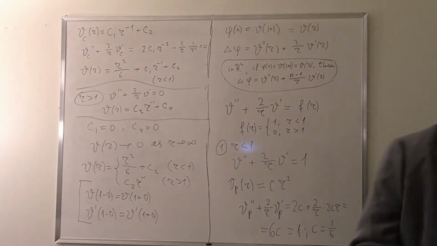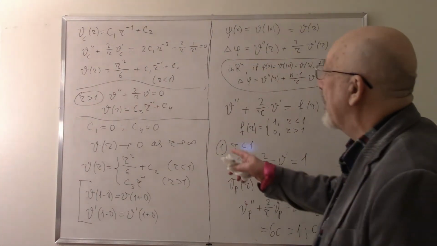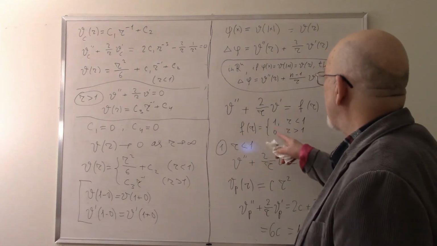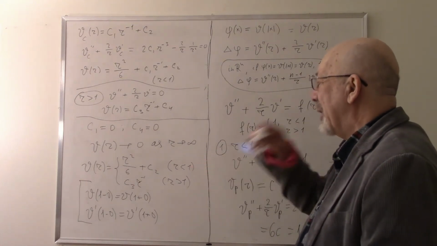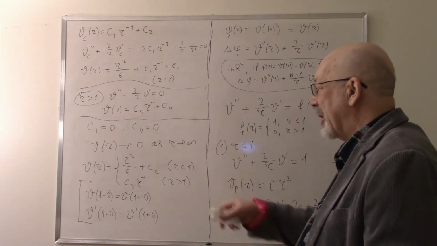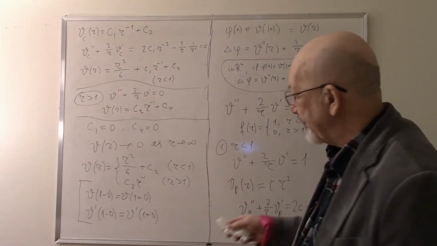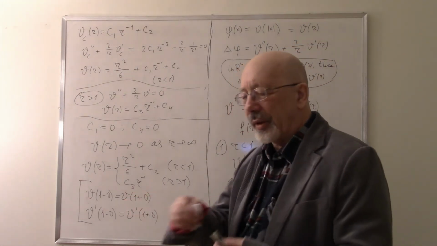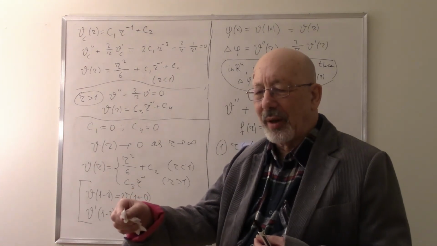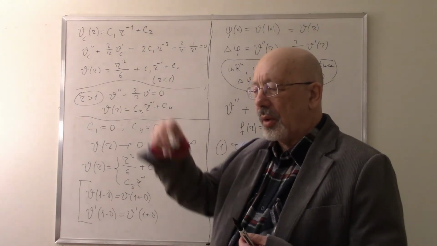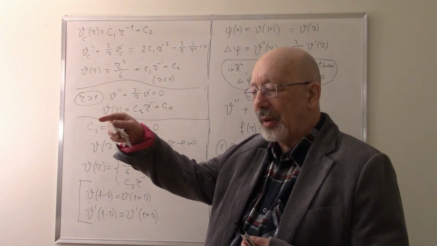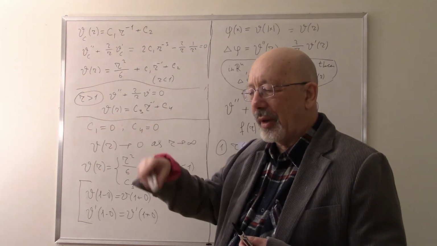So the right hand side, the function f of r, is discontinuous, but the solution is continuous and its derivative is continuous, because the solution of an ordinary equation of second order is two units more regular than the right hand side.